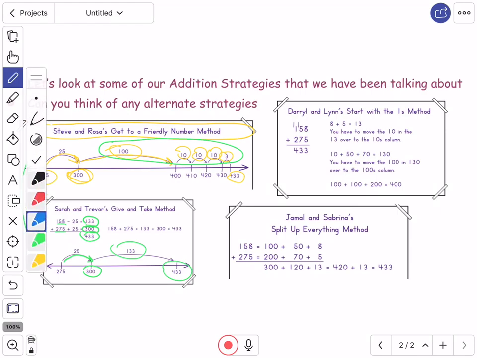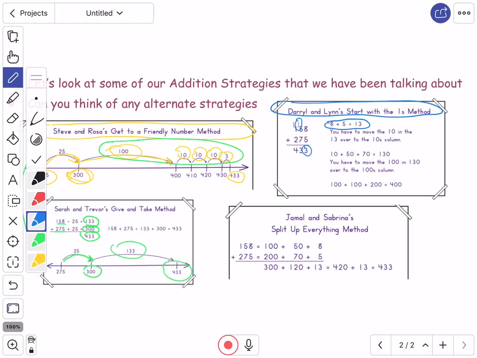Now if I go to the Daryl and Lynn's start with the ones method, it's very similar to the standard algorithm, where I simply start with the ones. 8 plus 5 is 13. You have more than 10 in the 13, so 1 goes over to the tens column, as you can see, but the 3 stays there, right?